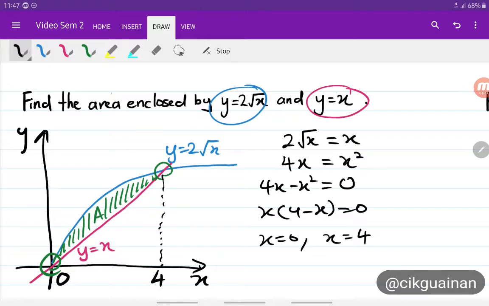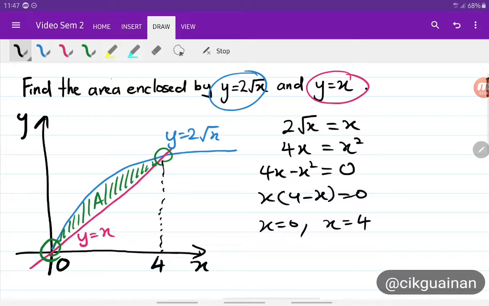So we know the area enclosed by these 2 curves starts from x equals 0 and ends at x equals 4. So we can integrate to find the area over here, from 0 to 4. So 0 and 4 are the values of x, so we are integrating with respect to x.